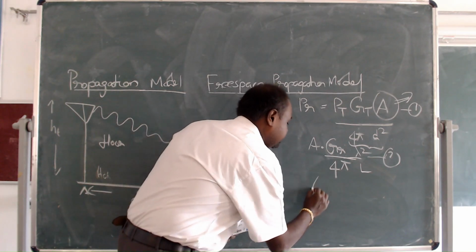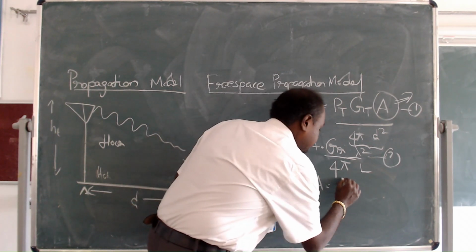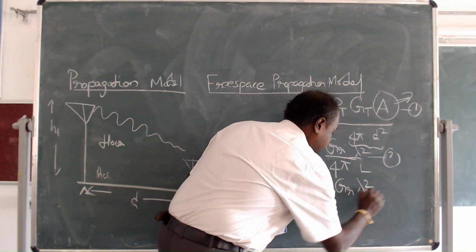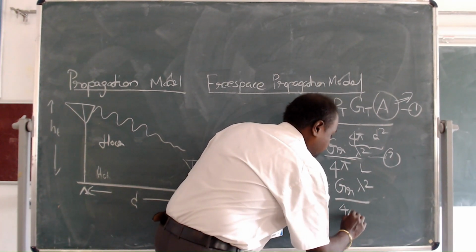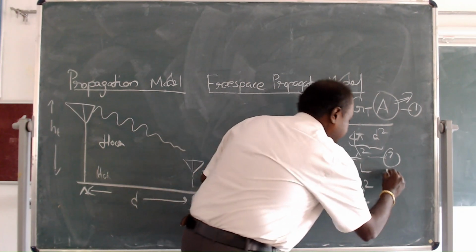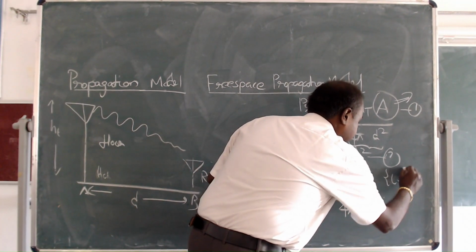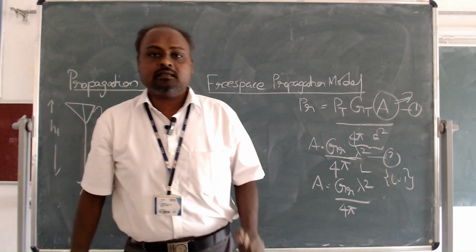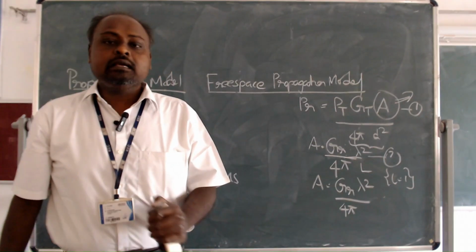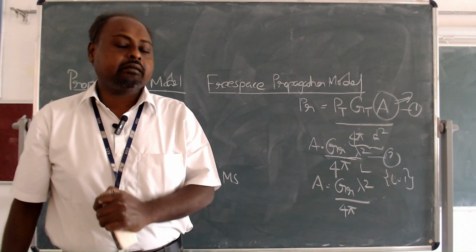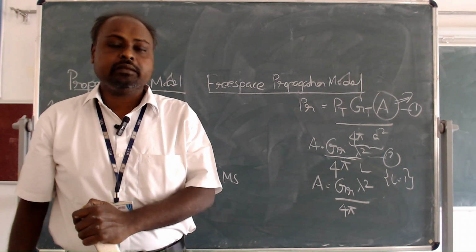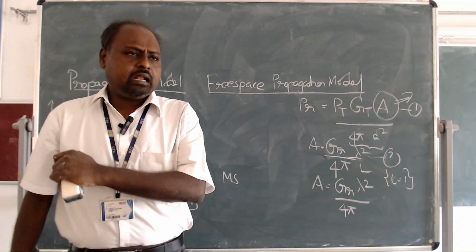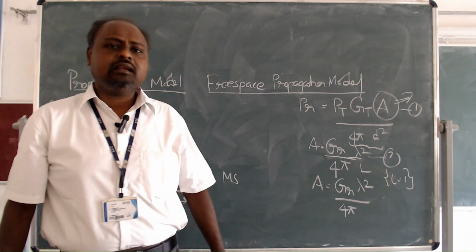So this equation can be rewritten: A equals GR, gain of the receiving antenna, lambda square divided by 4 pi. Here the value of L is 1. What is L? L is system loss, the loss associated with the mobile station. Due to heat, some of the radiated energy might not be properly received, or might be lost. So this is called system loss.